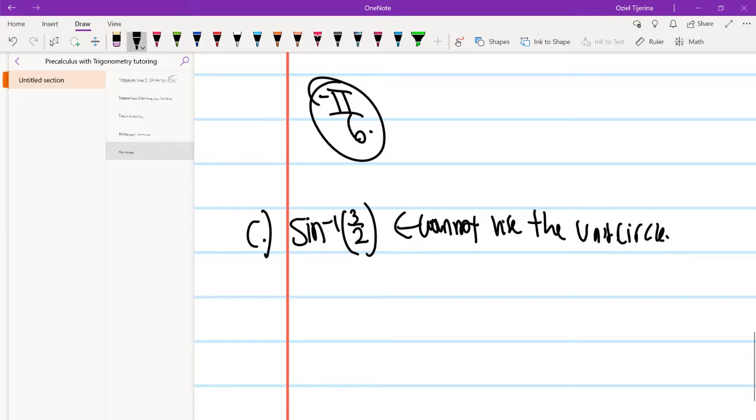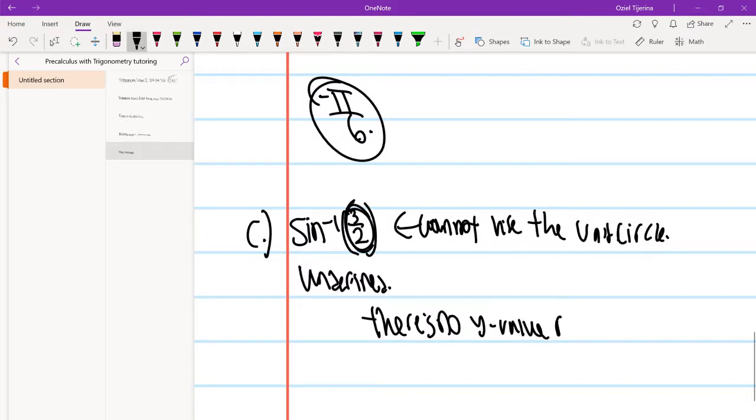It's going to be undefined, because we can't really find this value. There's no y value for 3/2 on the unit circle, so it won't be defined at that point.